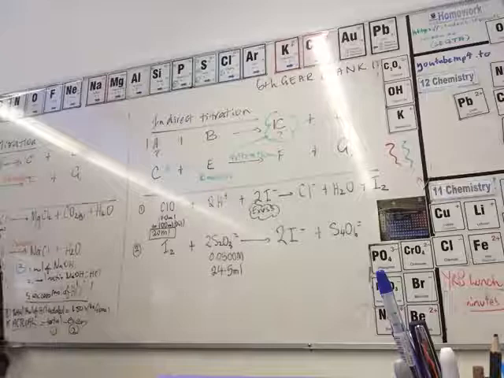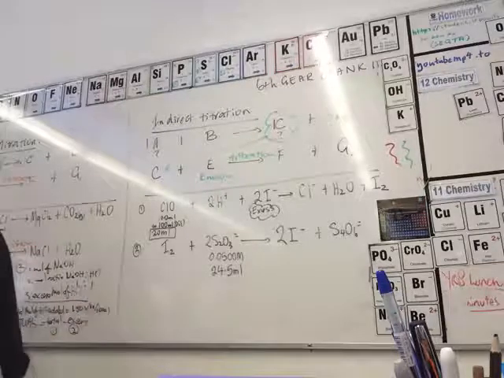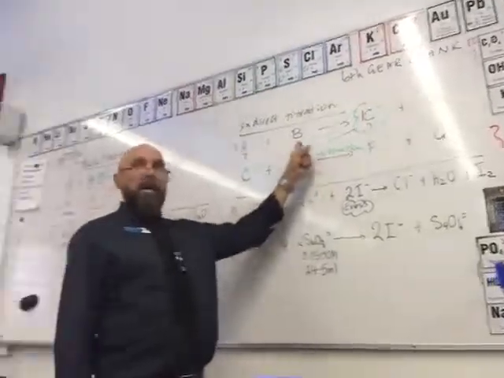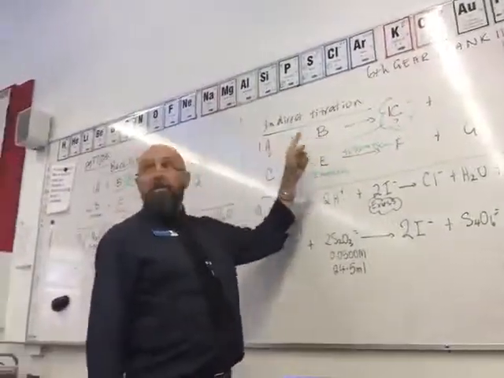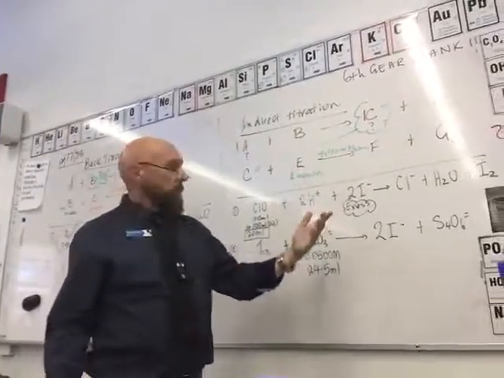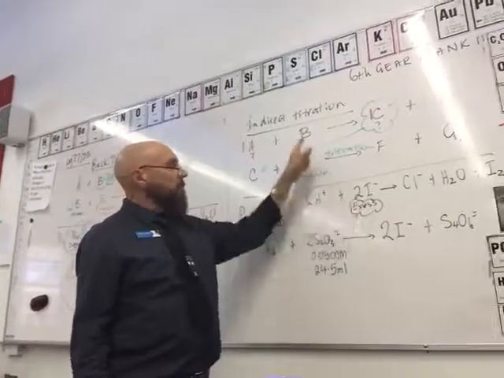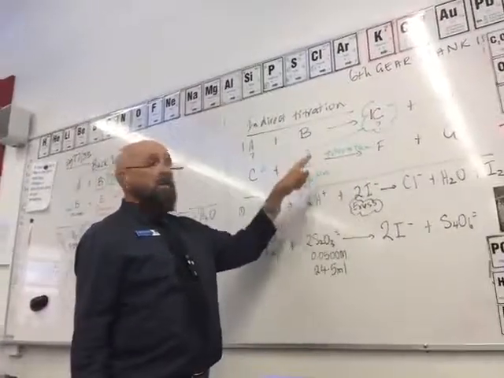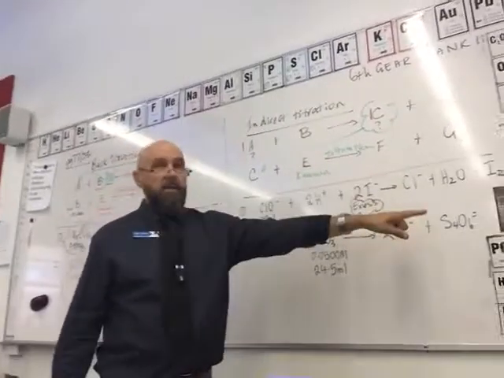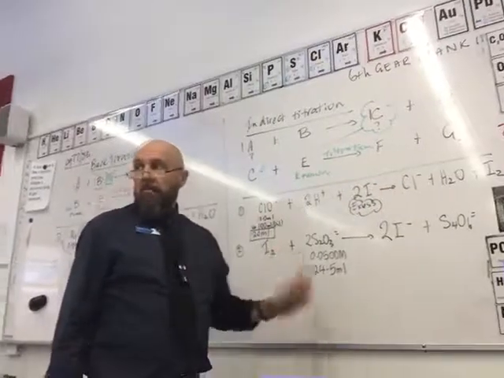The only thing I didn't mention was that you have to have an excess of B. You've got to make sure that all of A reacts. We don't do anything with the excess of the reagent in an indirect titration. We just take the product, titrate the product and go from there.